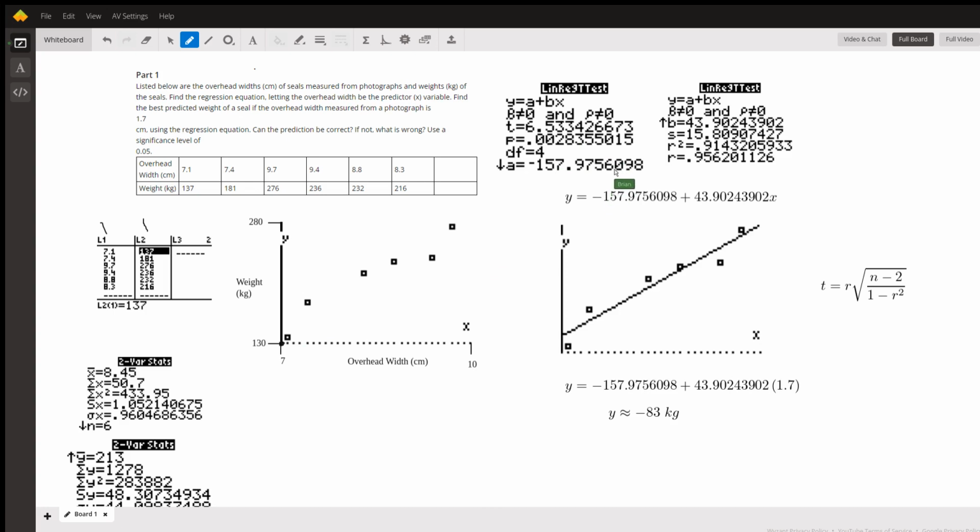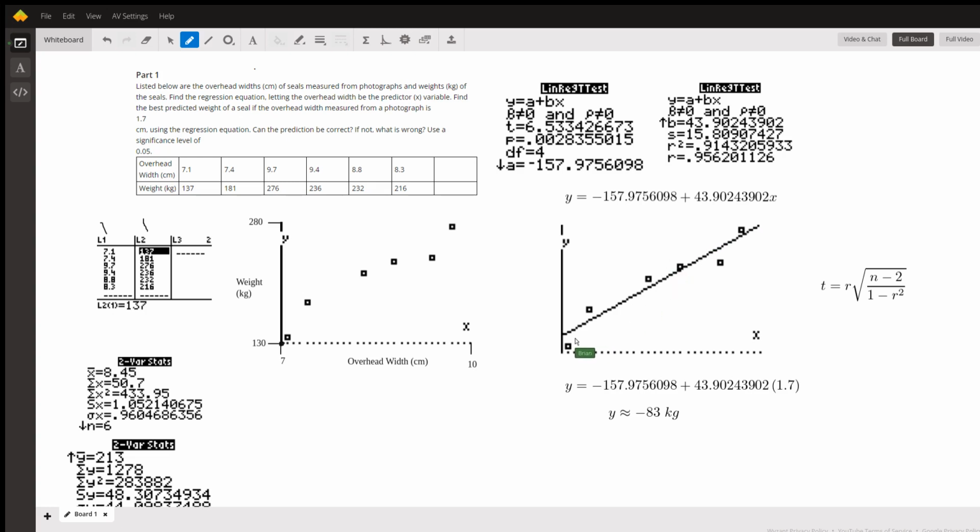Looking at the output from the calculator, we can see that the equation for the line of best fit is y equals negative 157 about, that's our y-intercept, plus 43x.